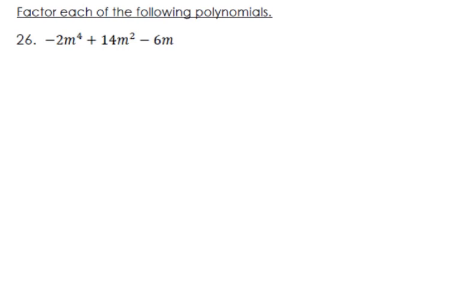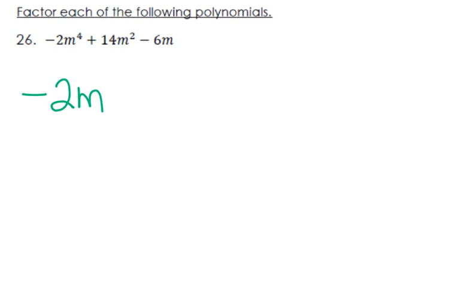This one's just a little easier than the last one. If you look at the numbers, we got -2, 14, and -6. So I can take out a -2 or divide -2 by both of those. And my smallest exponent for m is just 1m.